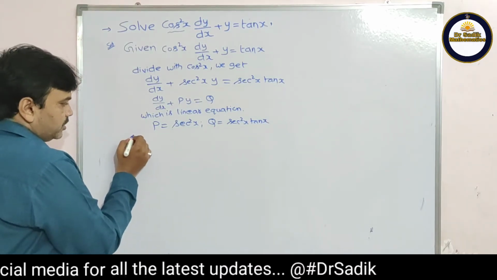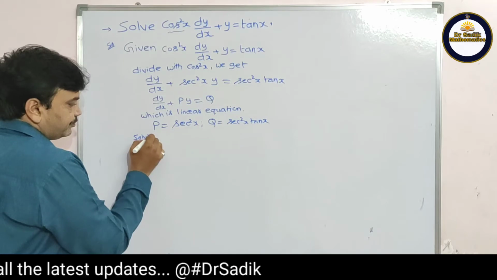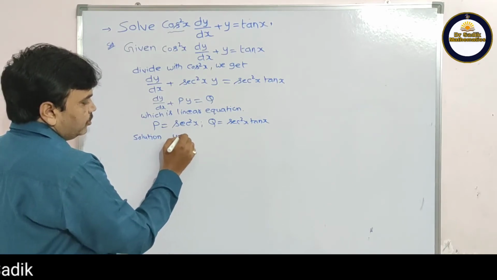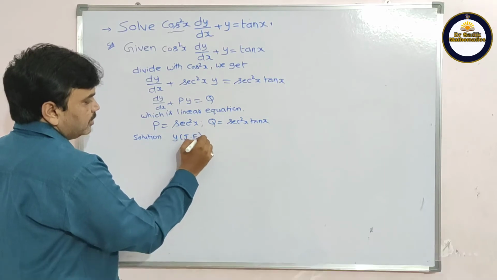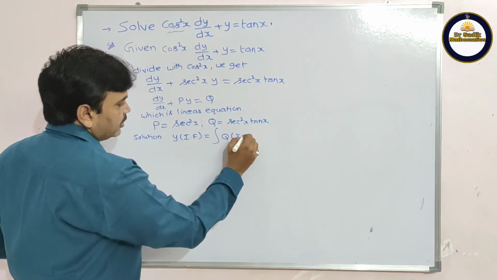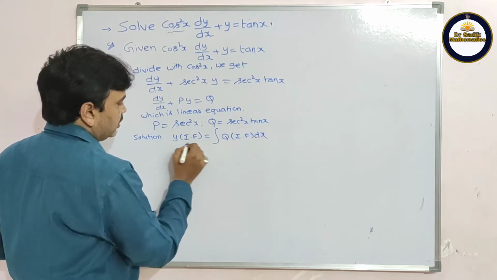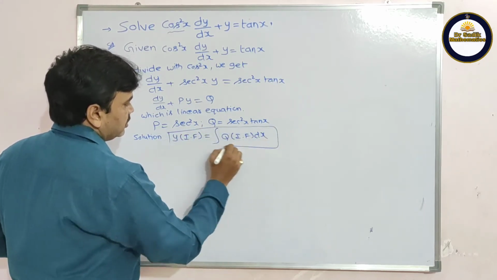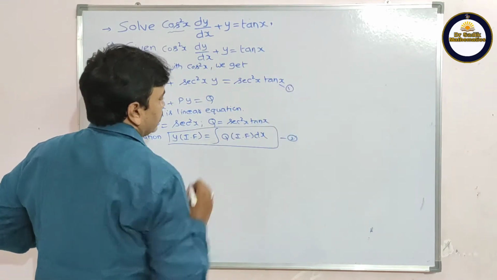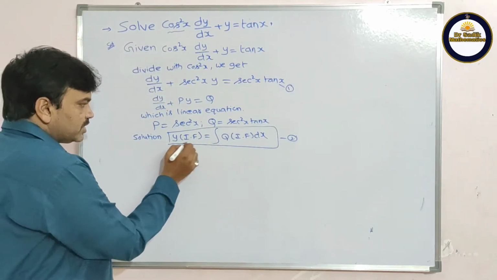Now what is the solution form, friends? y into integrating factor is equal to the integral of Q into integrating factor into dx. Say this is 2 and this is 1, friends. What is the integrating factor?